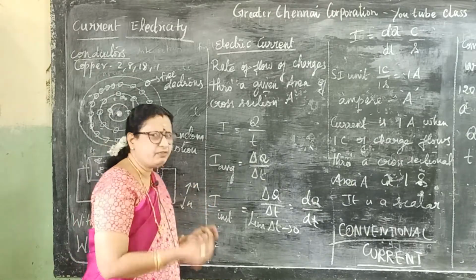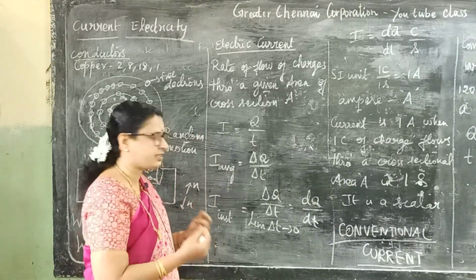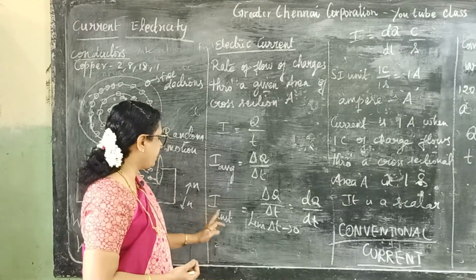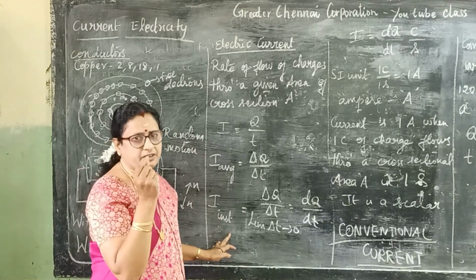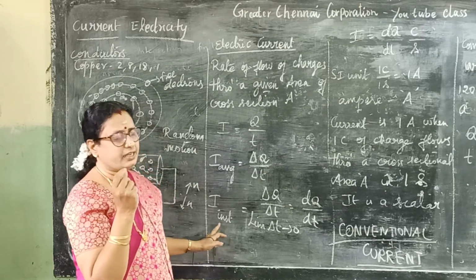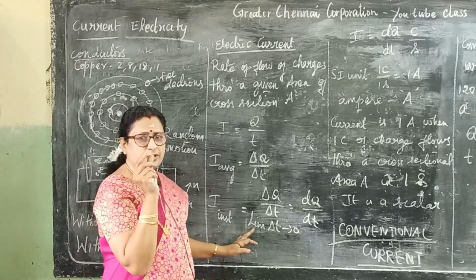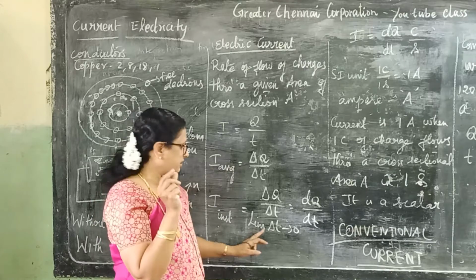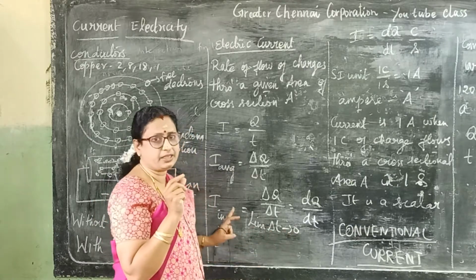Now, defining the electric current more precisely, we can define the instantaneous current. At any particular instant, what is the electric current? That is, when the time period is very short, that is del T tends to 0, what will be the current?